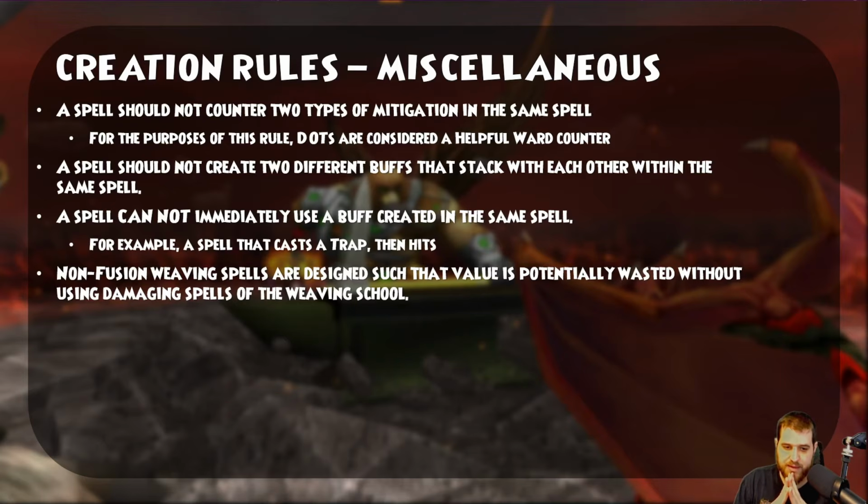Non-fusion weaving spells are designed such that the value is potentially wasted without using damaging spells of the weaving school. What this basically means is that for the non-fusion weaving spells, they're dots, traps, blades, and auras right now. All of them are accelerating. The point of this is so that when you're going into that school, you're incentivized to fully go into that school rather than just go for that spell.